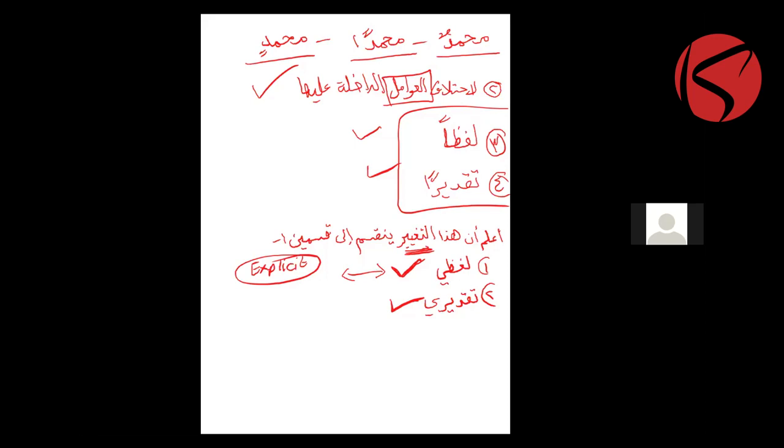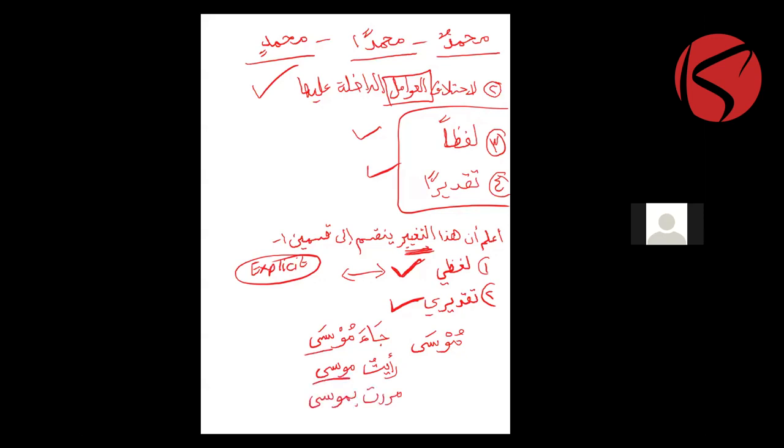But let's change the word Muhammad to the word Musa. Let's say Ja'a Musa. Second one is Ra'aytu Musa. Marartu bi Musa.